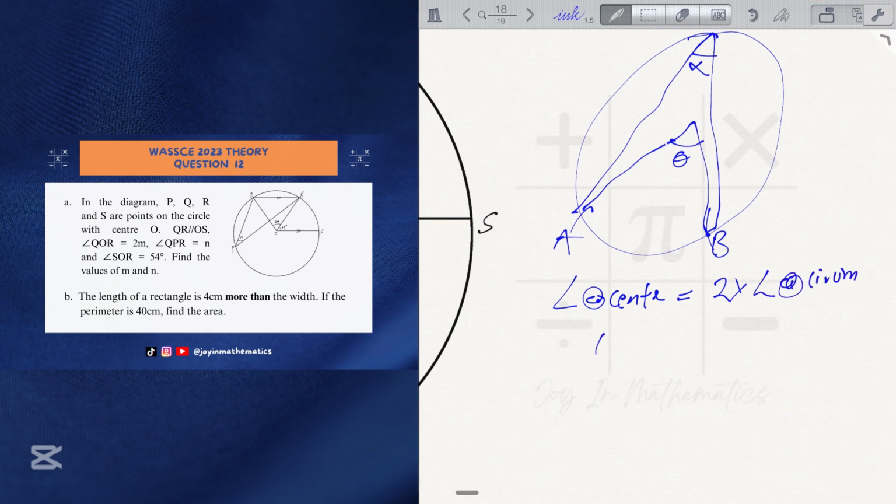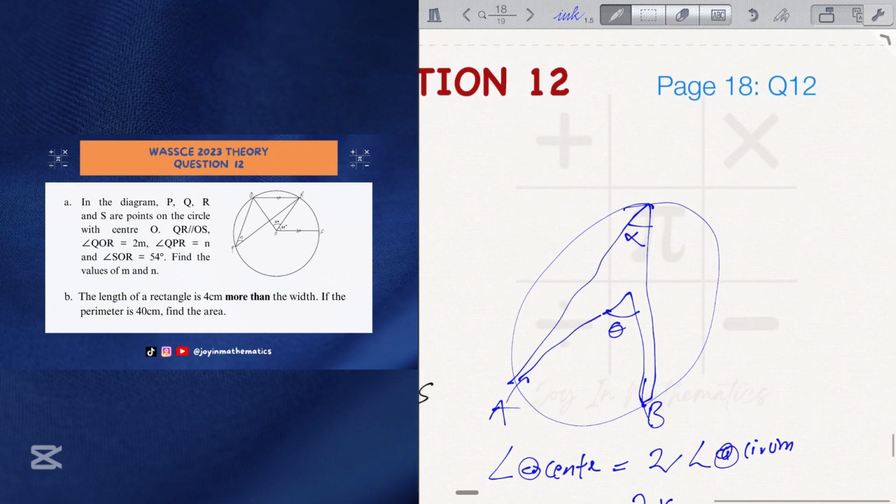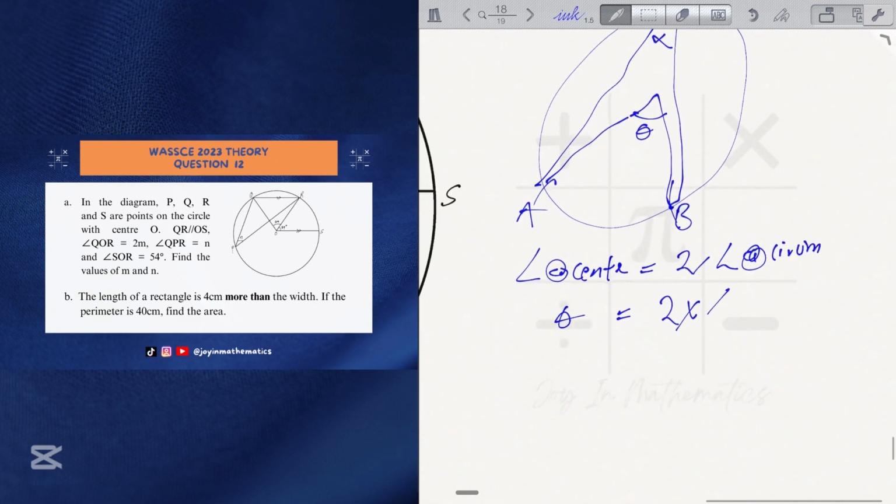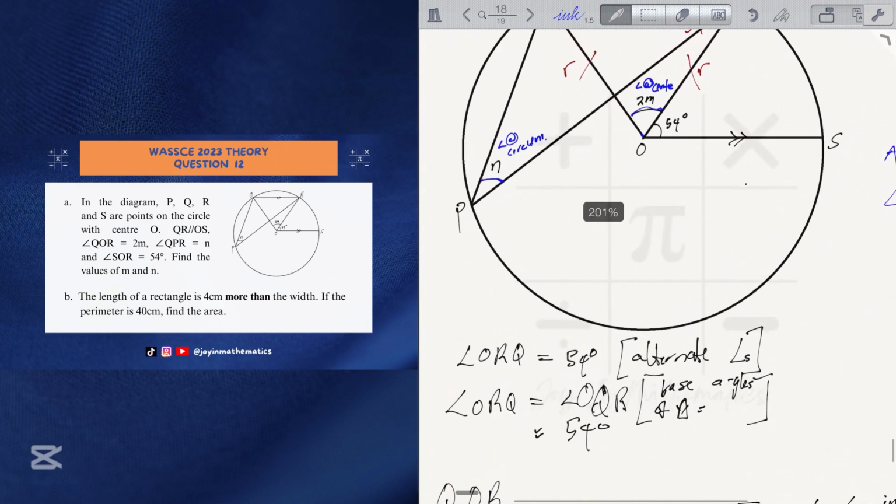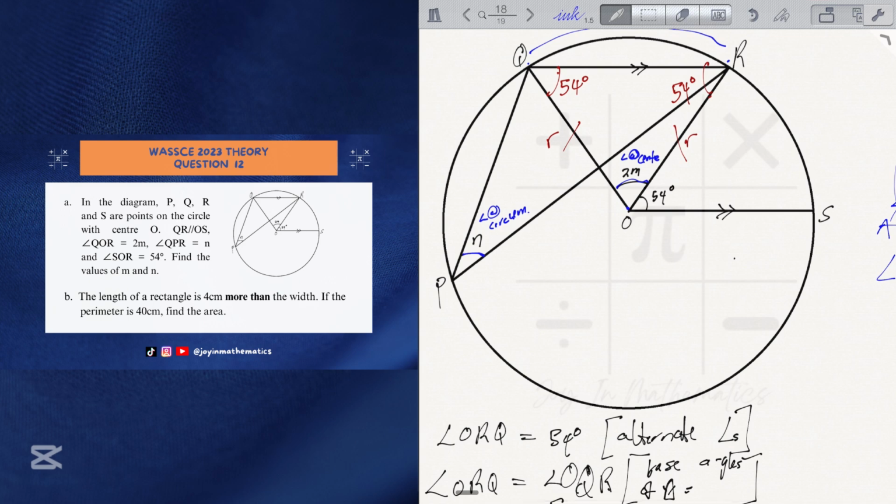So theta, which is the angle at center, is equal to 2 times alpha, the angle at circumference. The same principle holds here, where the angle at center 2m is equal to 2 times the angle at circumference n.